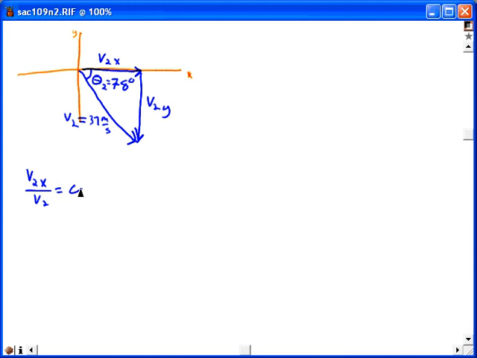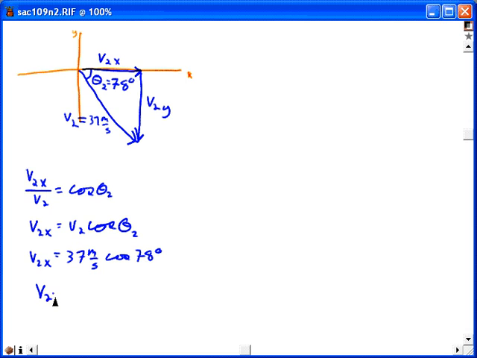Adjacent over hypotenuse is the cosine of the angle. So V2x is V2 cosine of theta, or V2x is 37 meters per second times the cosine of theta 2, so that's the 78 degrees.